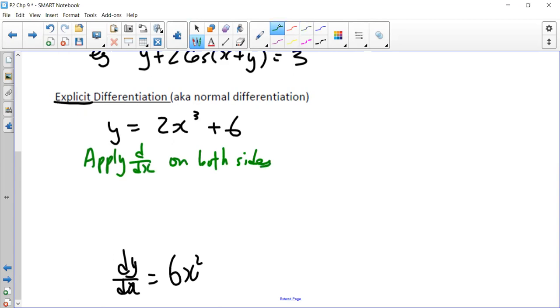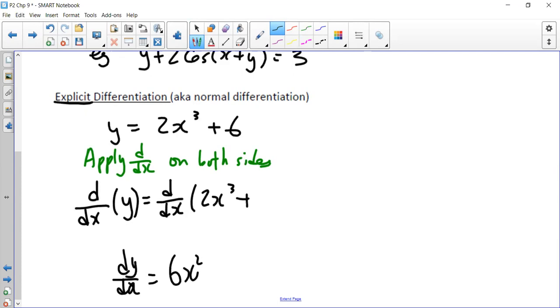So it's like d by dx of y and d by dx of 2x cubed plus 6. Now, most people will skip this when they teach it because you don't have to know this little intermediate step. What it means is that if we differentiate, essentially we're applying d by dx on both sides. So when you say d by dx, what does that mean?